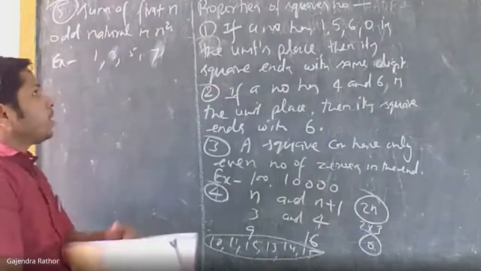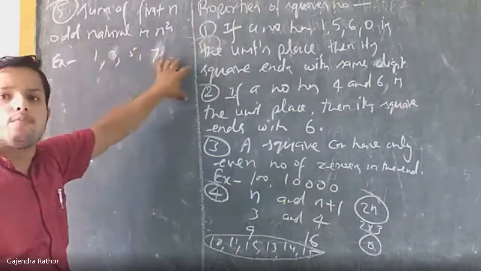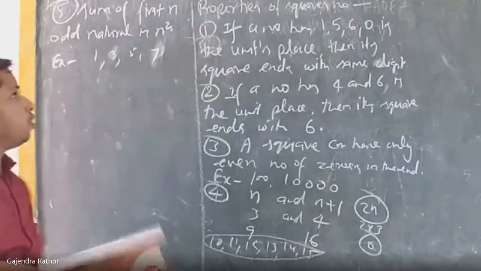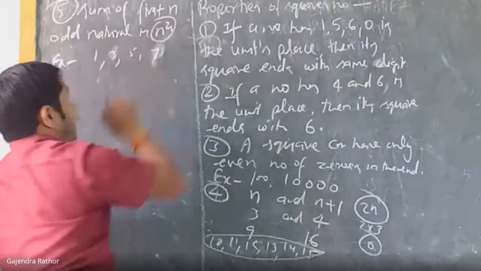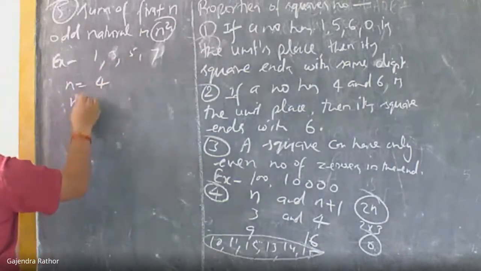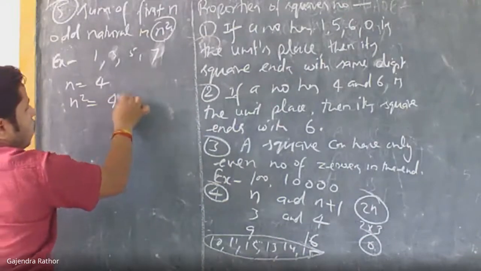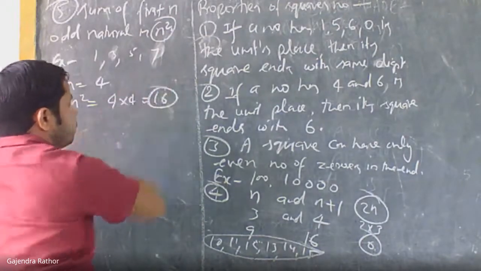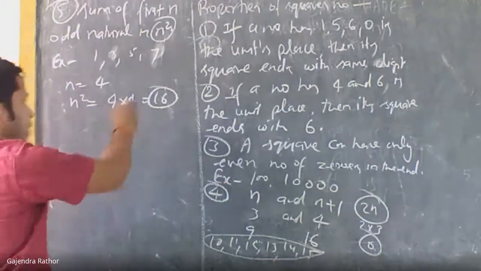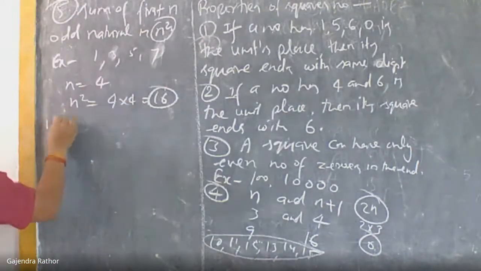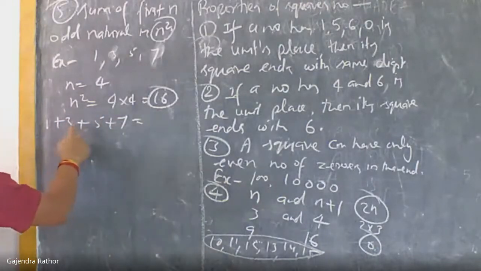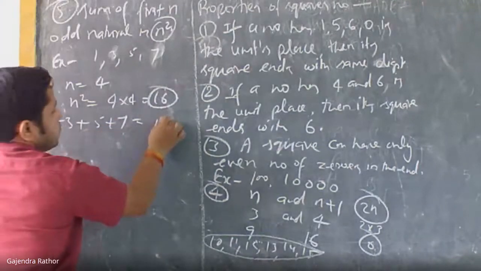Now, according to this property, if we have to add these numbers, what will be the sum? The sum is n square. N is equal to how many numbers? 4. So n square is 4 into 4, 16. So the sum of these numbers will be 16. Let's check. 1 plus 3 plus 5 plus 7: 1 plus 3 is 4, 4 plus 5 is 9, 9 plus 7 is 16.